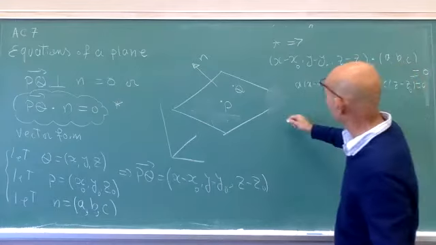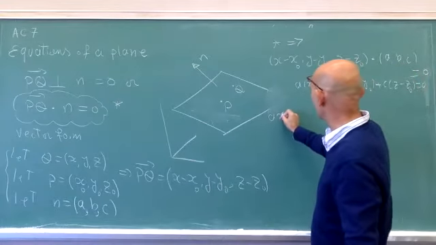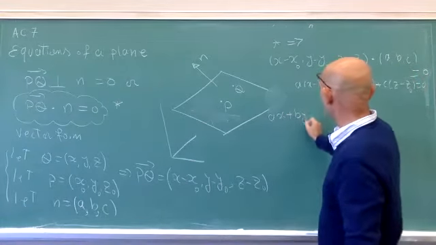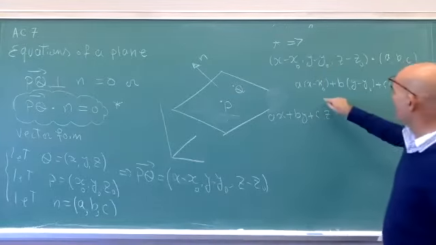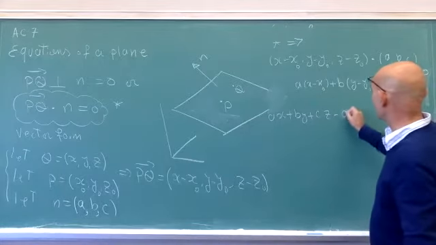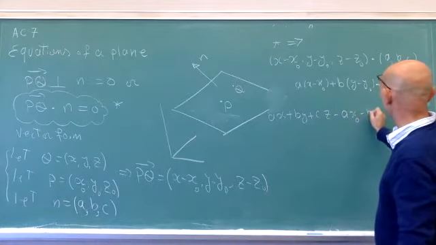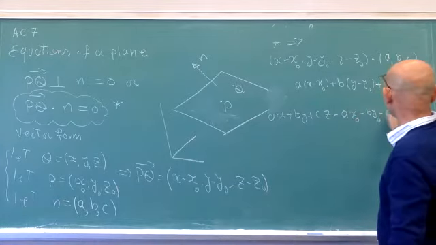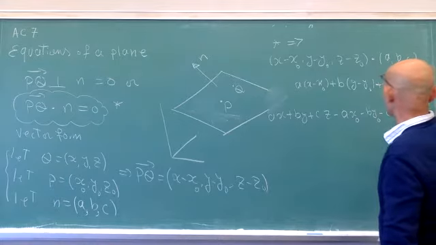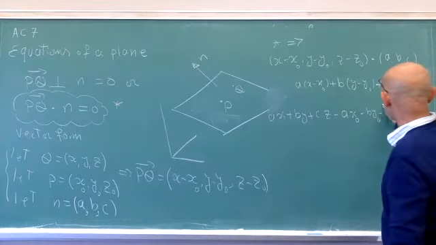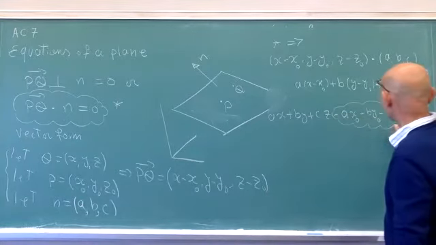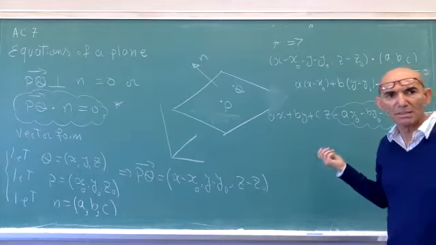Let's continue. You get Ax plus By plus Cz. I just took the first terms. And then the constant is this term, minus Ax0 minus By0 minus Cz0, equal to 0. We can call this whole thing D, or minus D, it doesn't matter. D is just a constant.